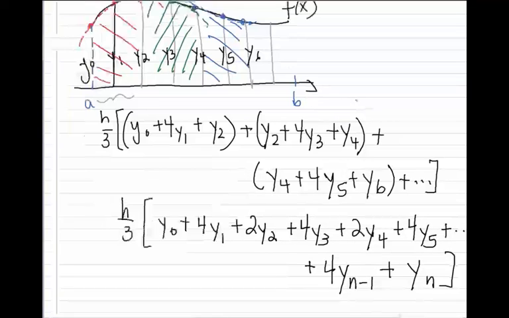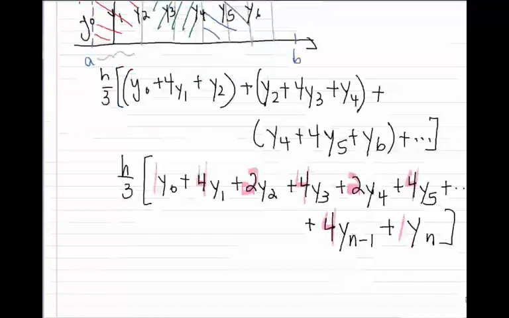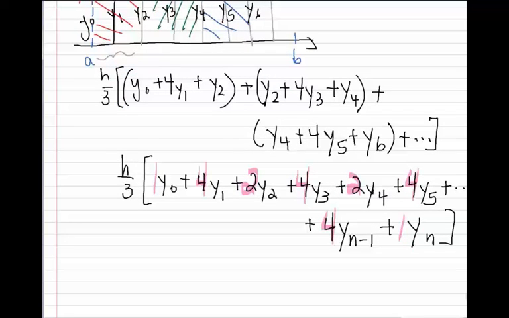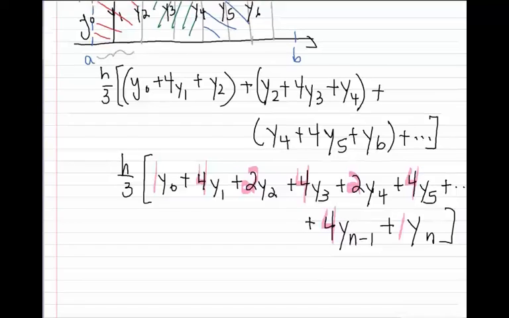So our pattern here is actually a 1, 4, 2, 4, 2, 4, 1. The trapezoids, if you had noticed earlier, were 1, 2, 2, 2, 1. Well, here our pattern is 1, 4, 2, 4, 2, 4, 1. And remembering that we have the height, which is your delta x, divided by 3, and think 3 because 3 points on our parabola, not a 2.